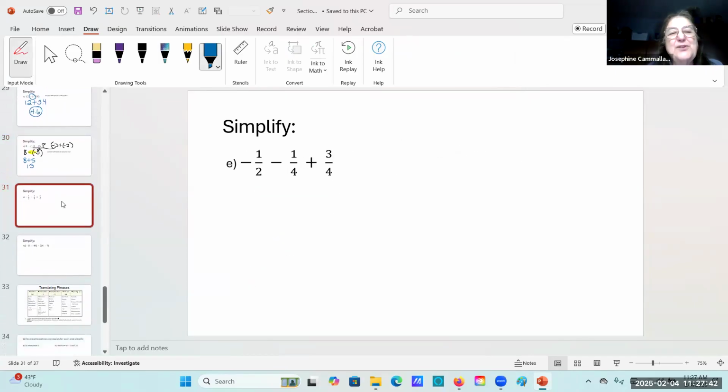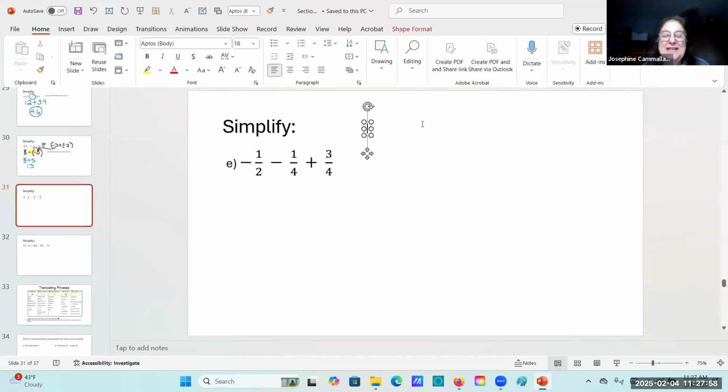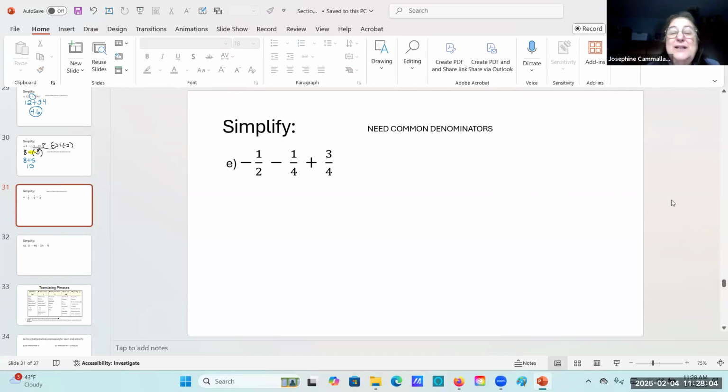Now, I know you're going to like this one. Here, I need common denominators because I'm adding or subtracting.